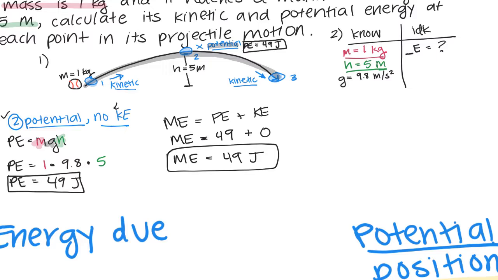With that in mind, we know that energy can be transferred. At positions 1 and 3, according to the chart, there is kinetic energy but no potential energy.